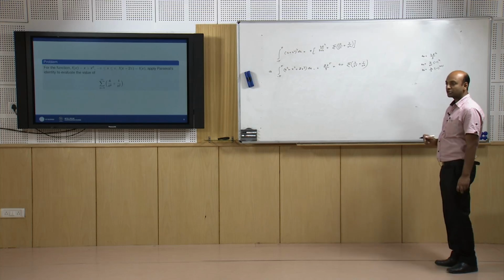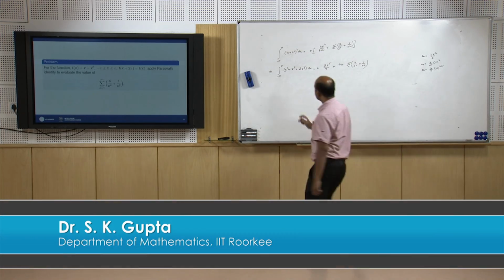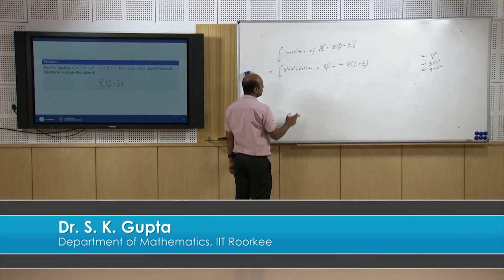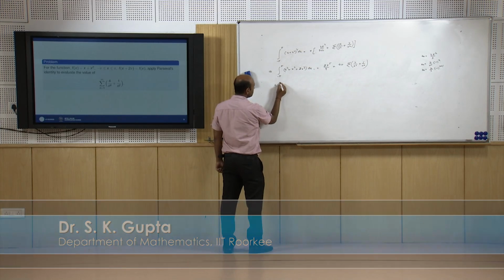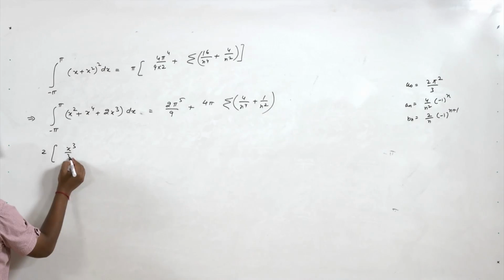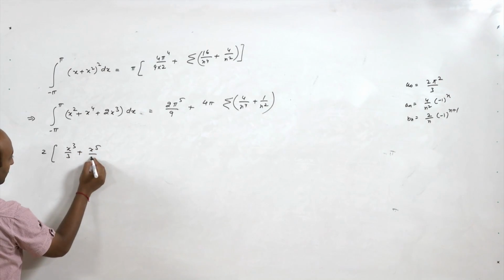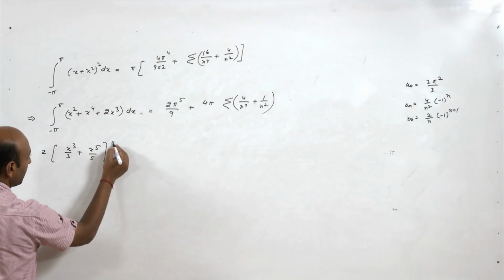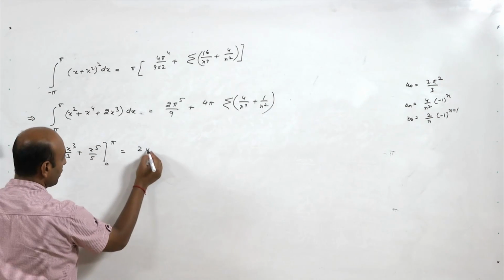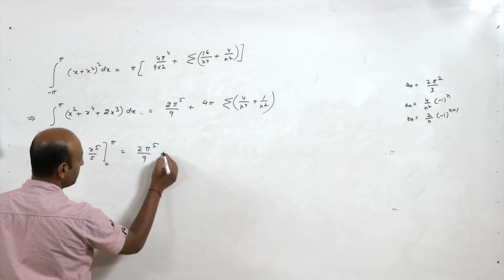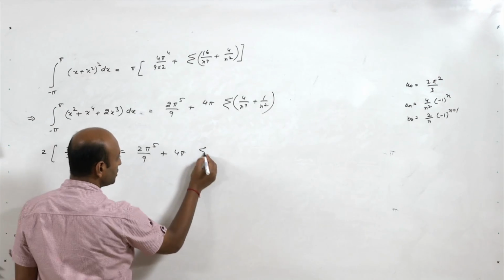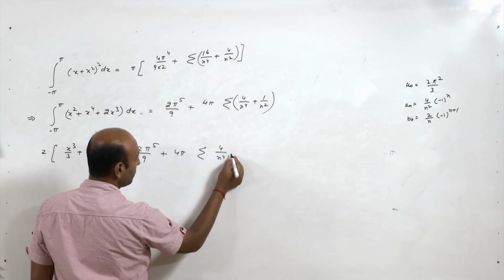Okay, the required expression. So, we can easily simplify now, it is an even function and an odd function. So, the odd part will be 0 and it is 2 times x cube upon 3 plus x to the power 5 upon 5 from 0 to pi, which equals 2 pi to the power 5 upon 9 plus 4 pi into summation of 4 upon n to the power 4 plus 1 by n square.